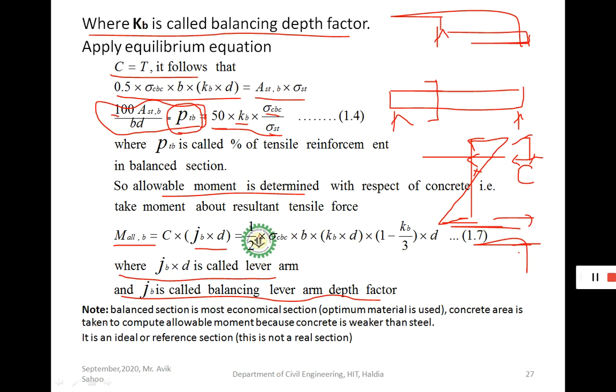Another thing is, the balanced section is an ideal section or reference section. This section generally we cannot use in the real field, because this is not practical, this is a reference section. We compare the sections with respect to the balanced section. So that's why it is called a reference section, and also it is not a practical section.